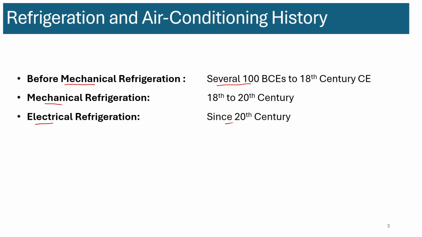What happens is water evaporates from your hand and you feel a cooling effect. So that is evaporation of a volatile liquid. It doesn't really need a mechanical device. You can put some water on your hand and it evaporates and gives you some cooling effect.